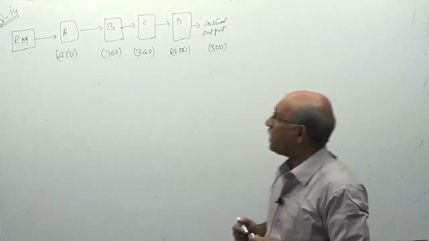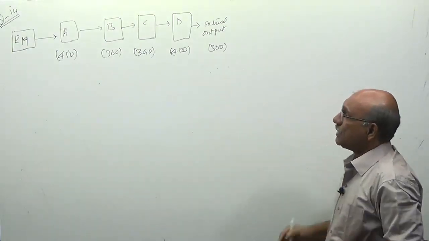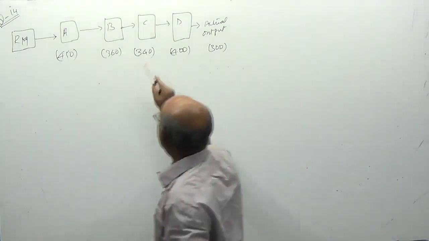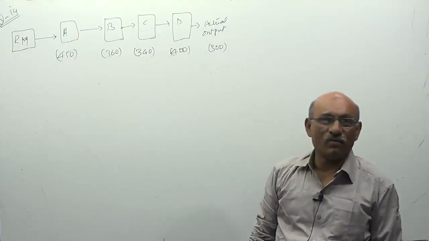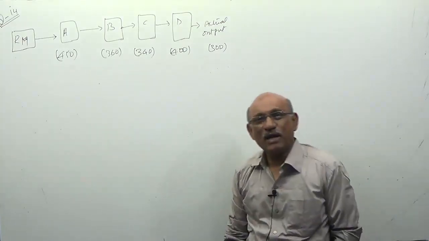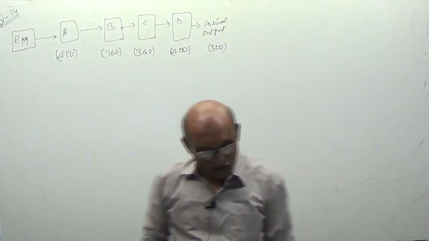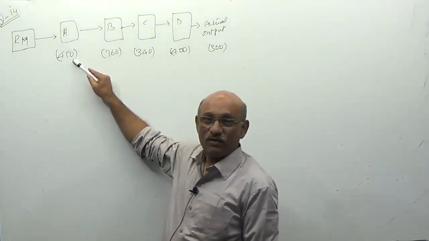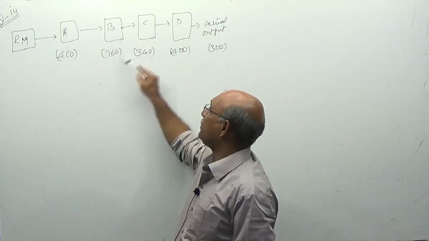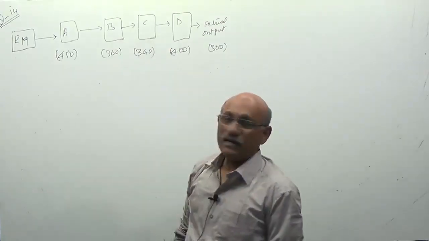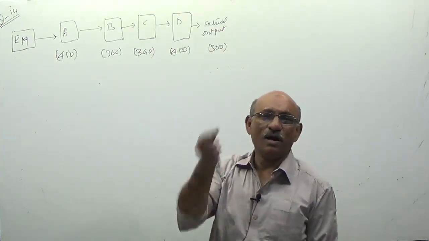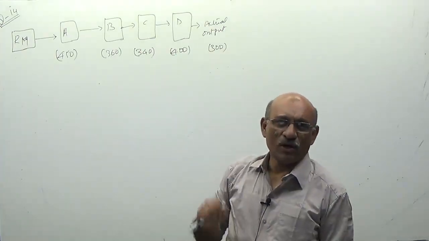These numbers given here, 450, 360, 340, 400, represent the respective capacities of these work centers to handle. So your decision is based on the capacity of your work centers.